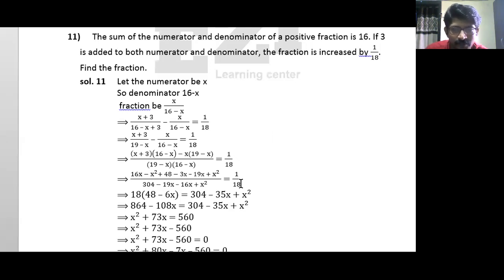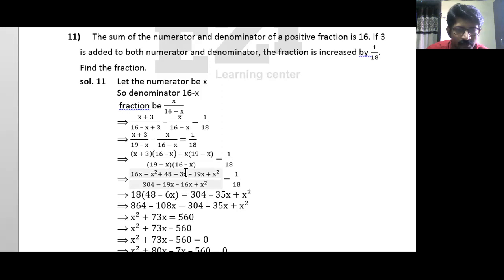So we'll have to take this 18 to the numerator part, and then this denominator will go to the right hand side. I hope you're getting it till here. Everything is happening perfectly. 18 into, look at this, the constant 48 as it is. Then the x square term will get cancelled.